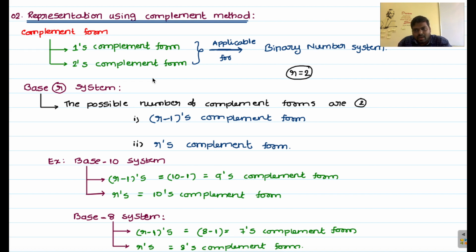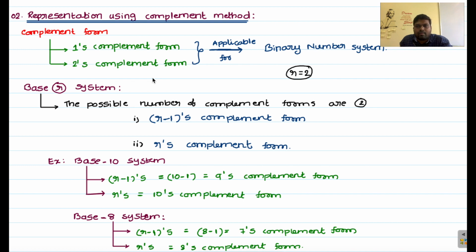That means R's complement form and R minus 1's complement form, where R equals 2, right? The same thing can be applicable for any base R system to represent negative numbers. So this is the introduction about the complement form methods.